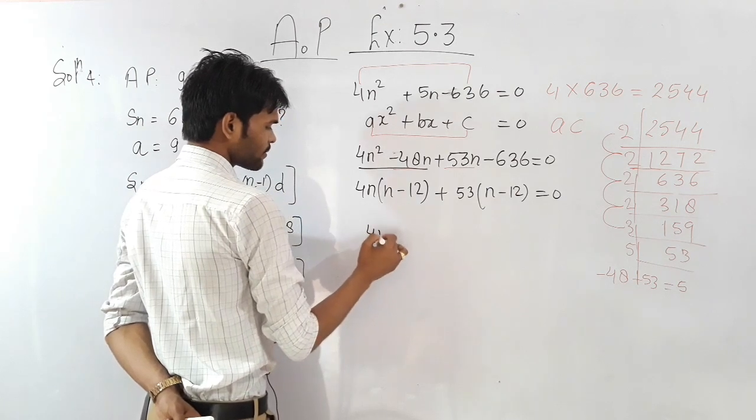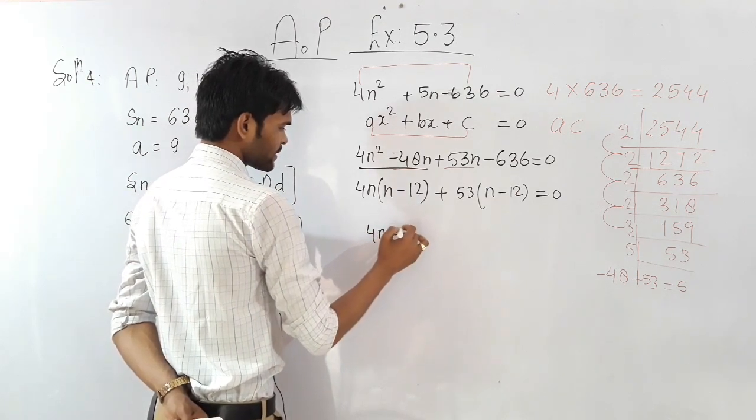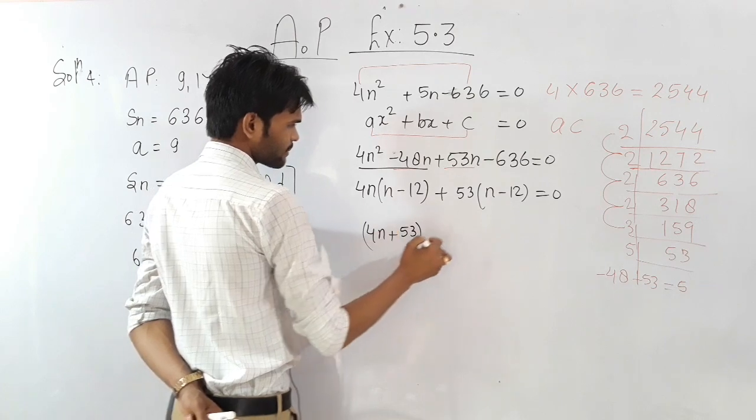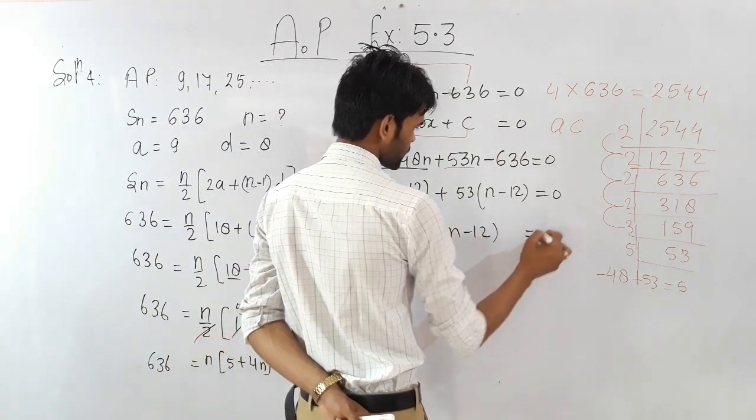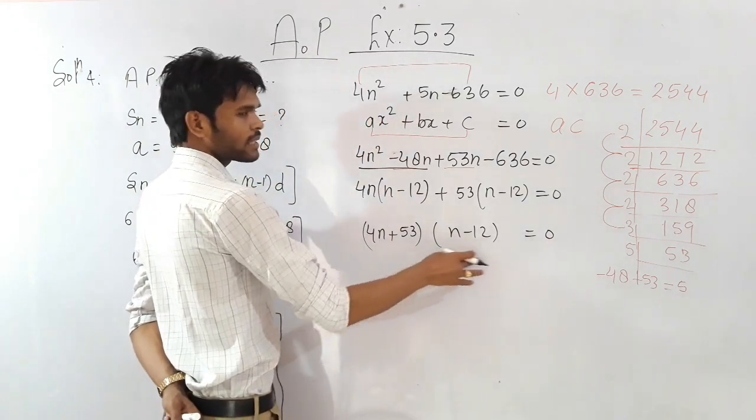You may write it (4n plus 53) in one bracket, and in another bracket (n minus 12) is equal to 0. So either of the values will be equal to 0.